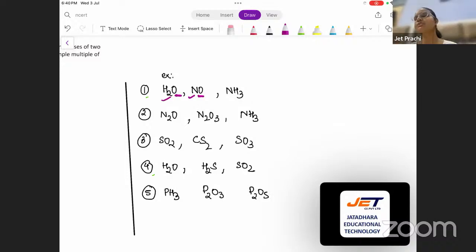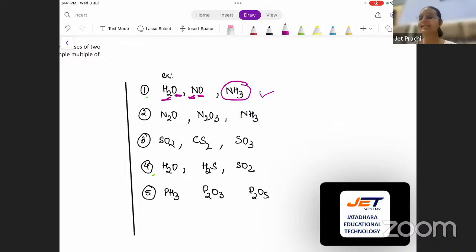Now I have to see that the third molecule should be formed by the combination of these two elements, hydrogen and nitrogen. Can you see that this molecule is formed by the combination of nitrogen and hydrogen? Yes, the other compound that we have is formed by the combination of hydrogen and nitrogen. So yes, this pair of molecules will follow the law of reciprocal proportion.